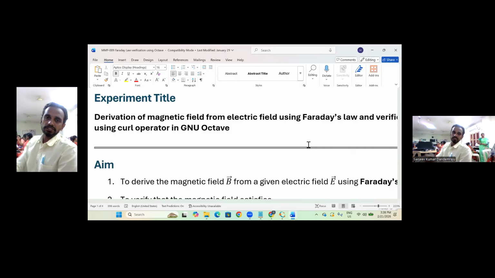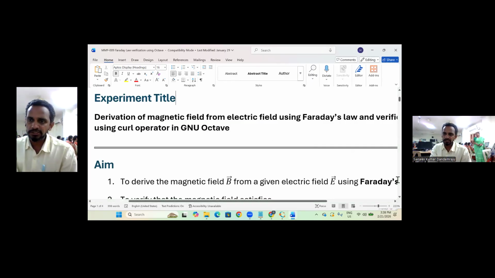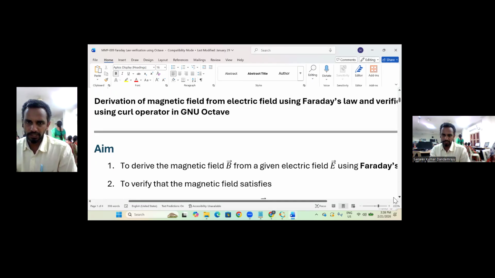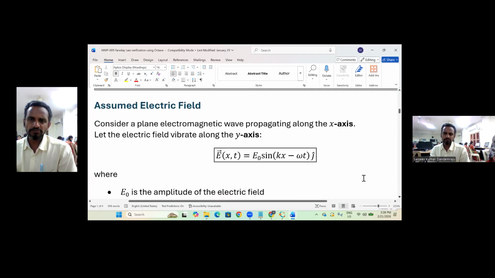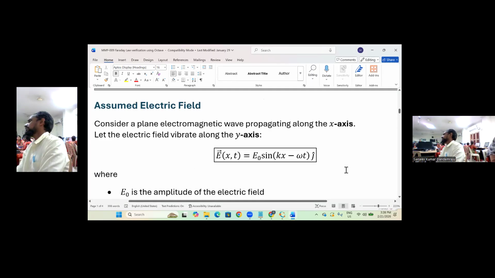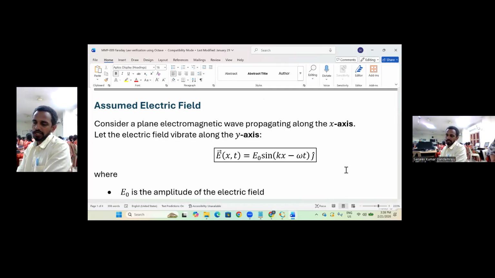So let's say the electric field is along y-axis, and I call it E naught sine kx minus omega t j vector. So it is along y-axis, and the oscillations are along y-axis, and the electromagnetic field is moving along x direction.